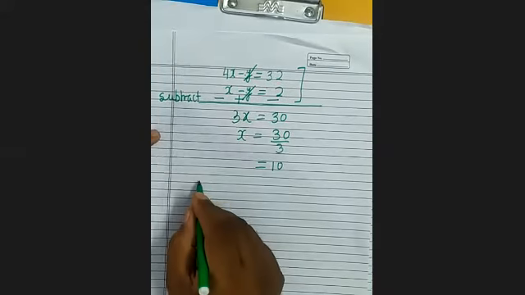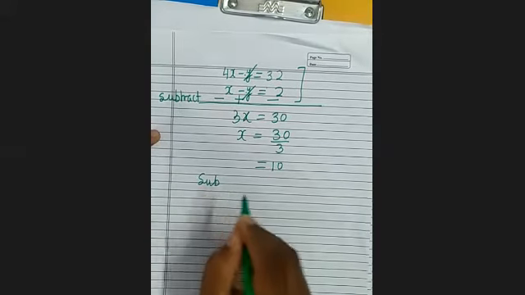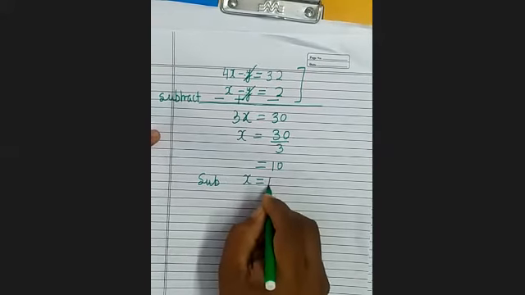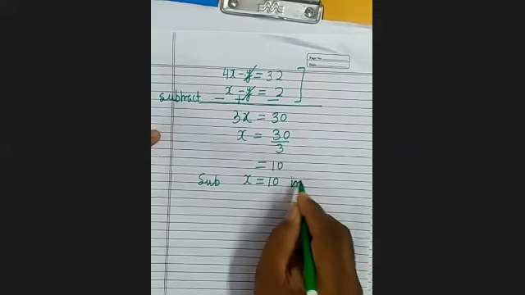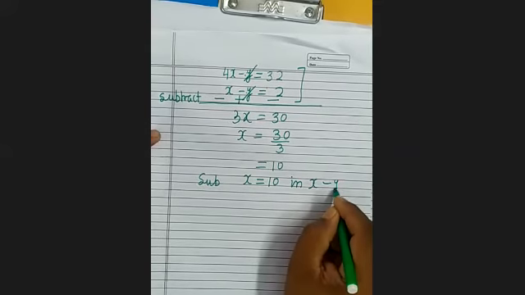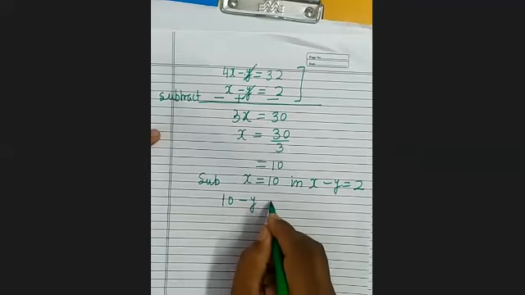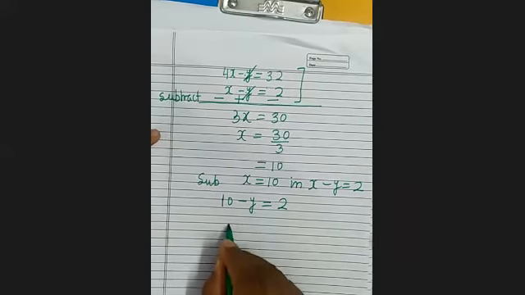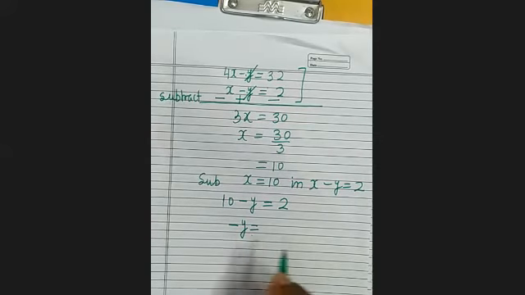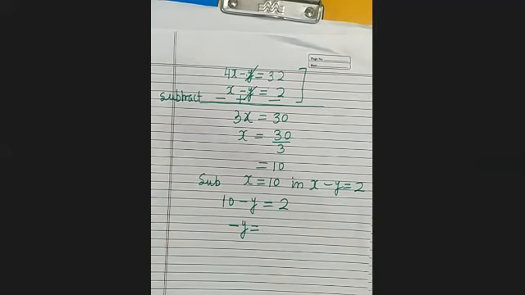Now you substitute x equals 10 in x minus y equals 2. Now what will be minus y? It will be 2 minus 10.